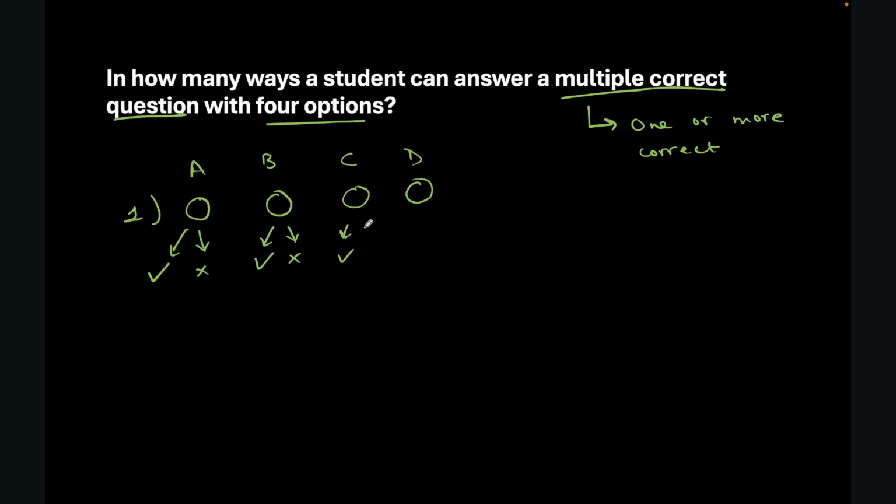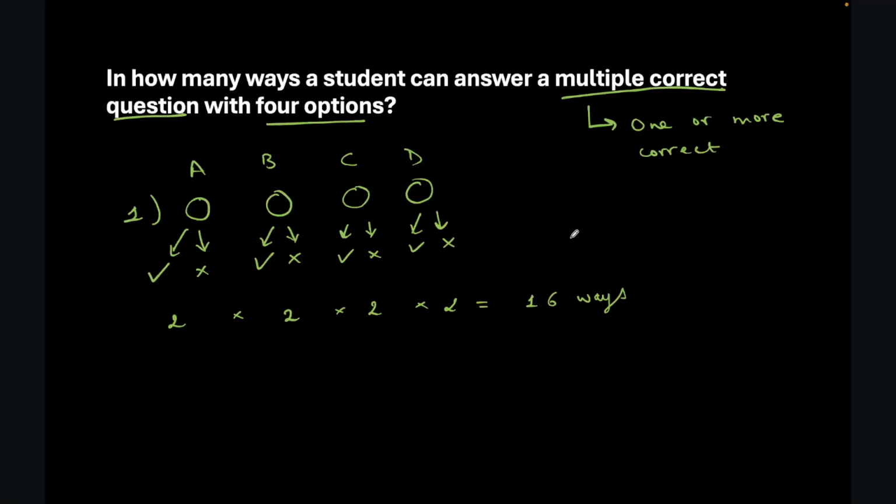I can accept this answer or I can reject this answer. I can accept option D or I can reject option D. So essentially I have 2 possibilities for every single option, giving me a total of 16 ways of answering this question.